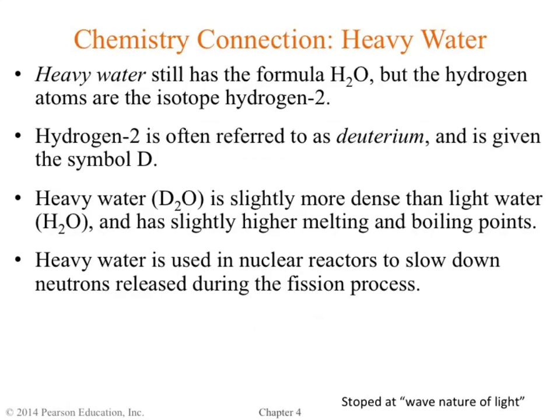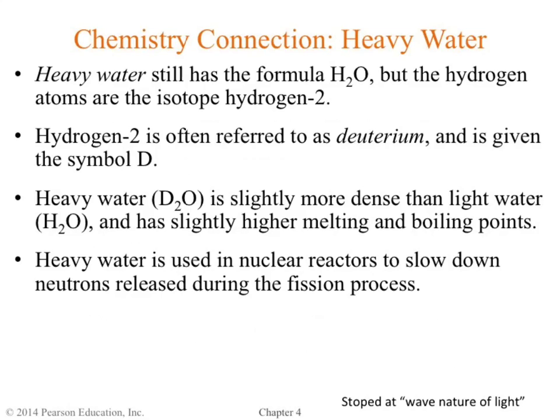So what's happened if we look at our formula? Because remember, deuterium is one of those common ones that we've used a lot. Instead of referring to it as hydrogen 2, they gave it a new symbol, D. So the formula for heavy water is going to be D2O, because there's 2 deuterium atoms per oxygen to generate our water.